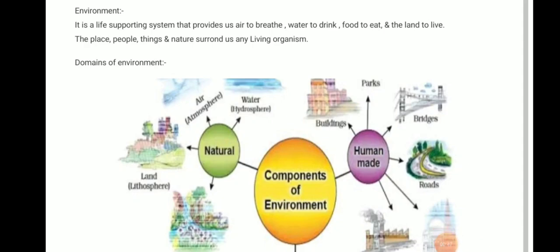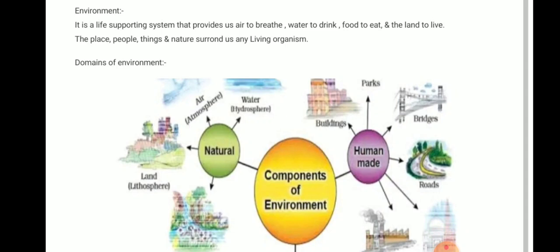What is environment? First, you must be aware that the term environment is derived from the French word environner, which means neighborhood. Environment is a basic life support system. Without environment, we cannot live, we can't exist, because environment provides us air, water, food and land.